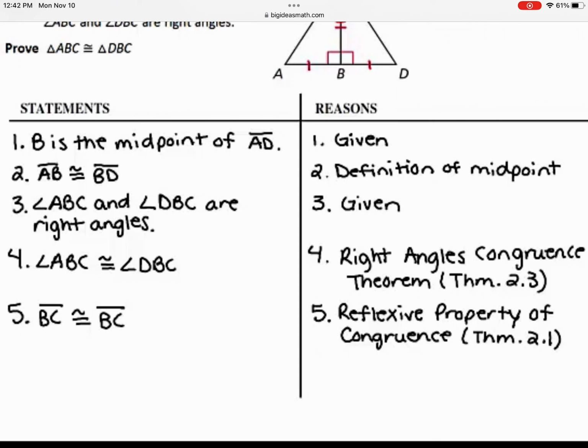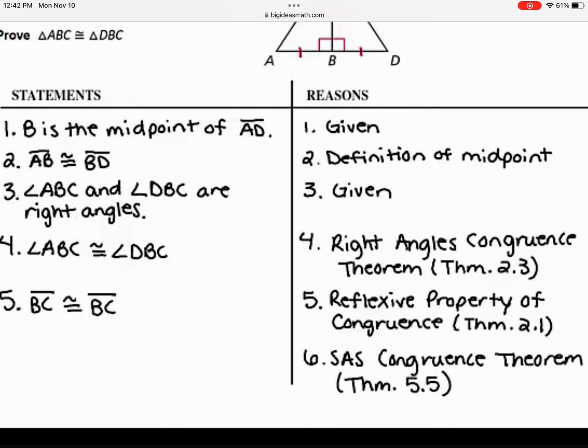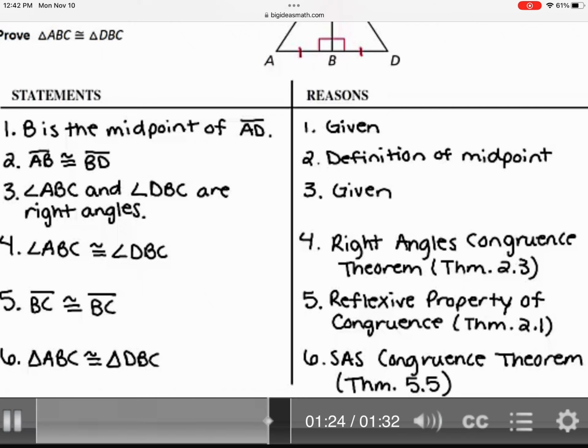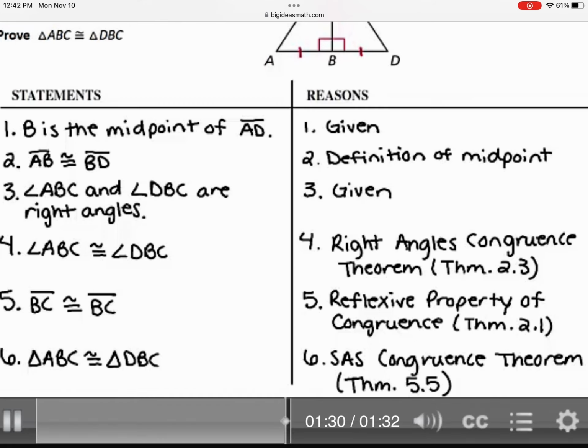So, you can use the side angle side congruence theorem to state that triangle ABC is congruent to triangle DBC. This shows that triangle ABC is congruent to triangle DBC, completing the proof.